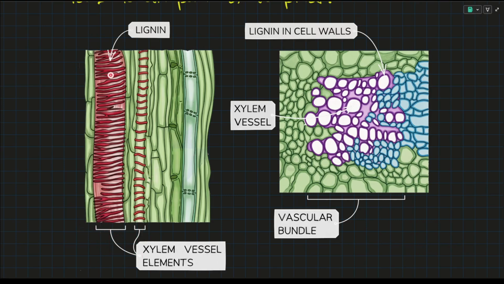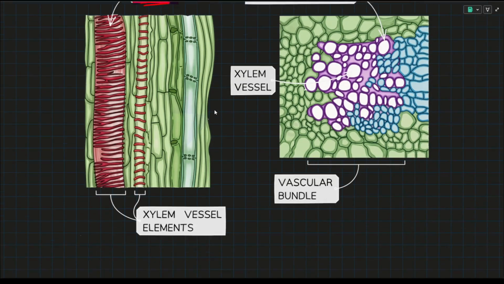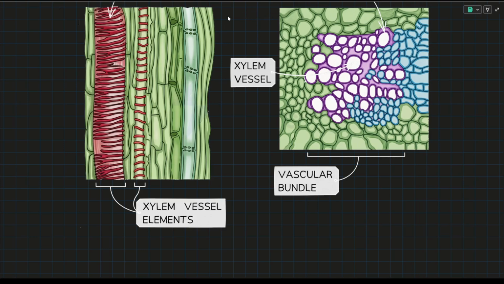And something off the bat that you're going to recognize is these reddish thick bands going all along. Those bands are known as lignin. What exactly is lignin and where is this lignin affecting this?